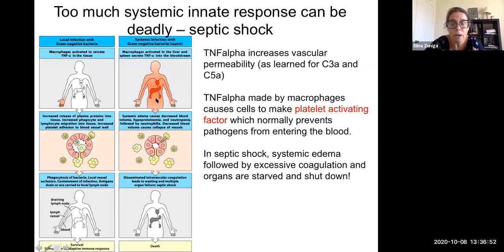So not just locally, but now it is in the blood, and so it can affect all the vasculature, and that will cause plasma to leak out of the vessels all throughout our body, and that will cause edema in our tissues.